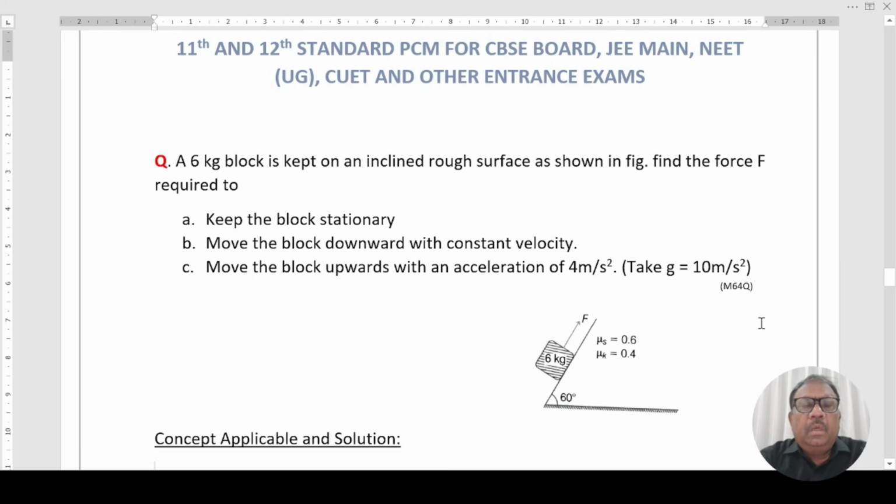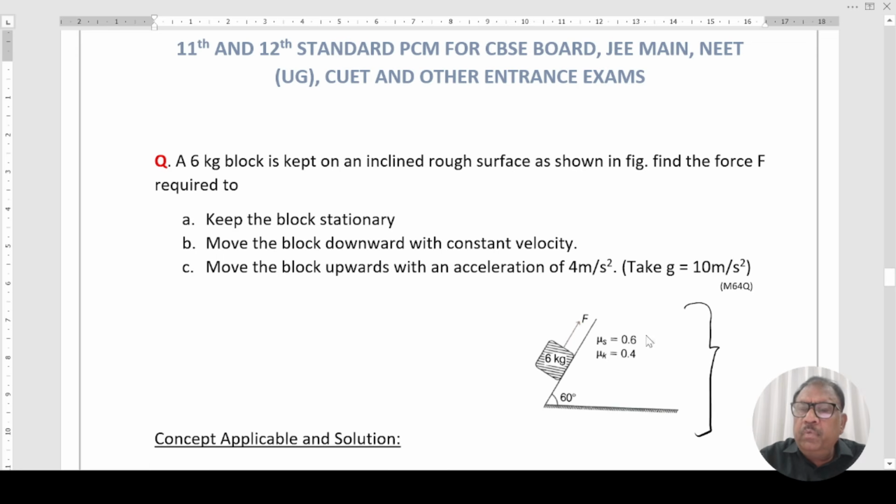Next question. A 6 kg block is kept on an inclined rough surface as shown in the figure. Find the force required to keep the block stationary, move the block downward with constant velocity, and move the block upward with acceleration of 4 meters per second square.